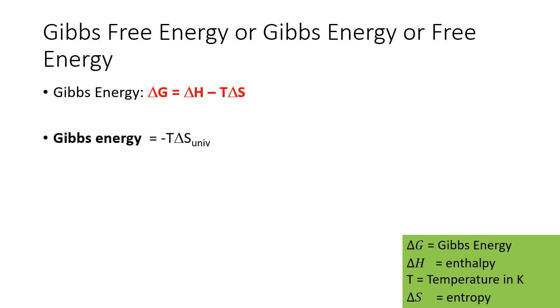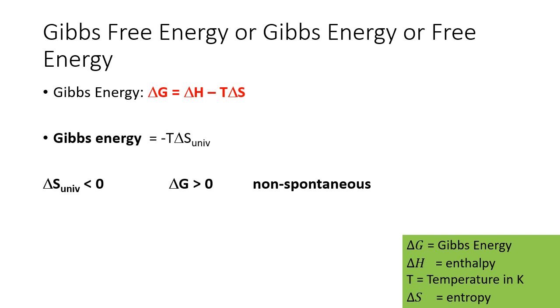Instead, what we are concerned with is what is spontaneous versus non-spontaneous. So if our entropy of the universe is less than 0, in other words, the system is getting more ordered, then our delta G will be positive. That is not spontaneous.